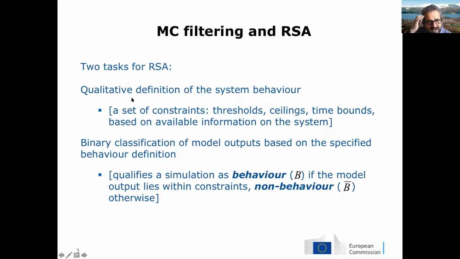So first, you need to define a definition of behavior, which can be loose criteria, like a set of constraints, thresholds, ceilings, time bounds, based on available information of the system you want to model, based on your preferences, etc. So, for example, a typical classification for a DSGE model could be: I want a model that doesn't violate Blanchard-Kahn conditions.